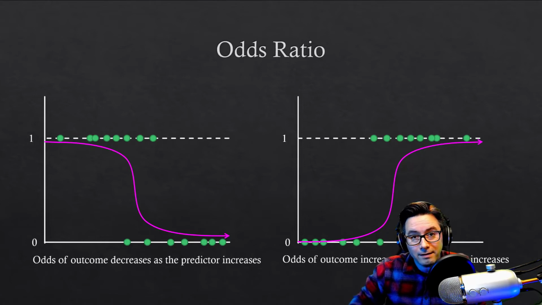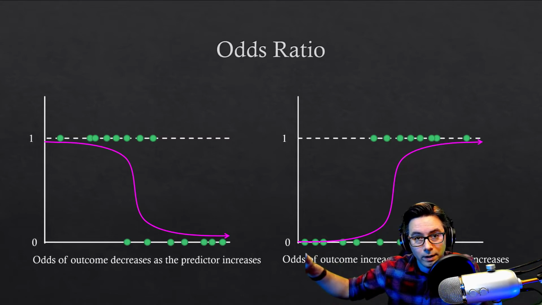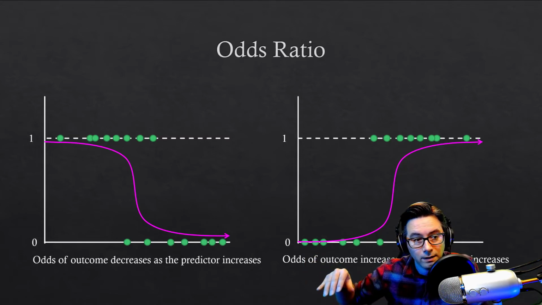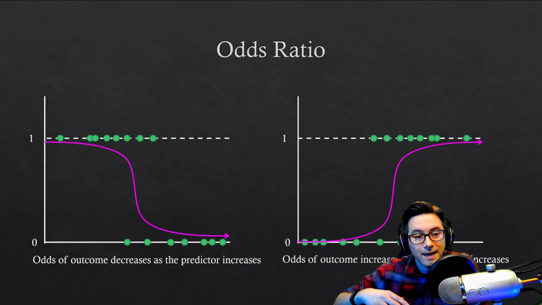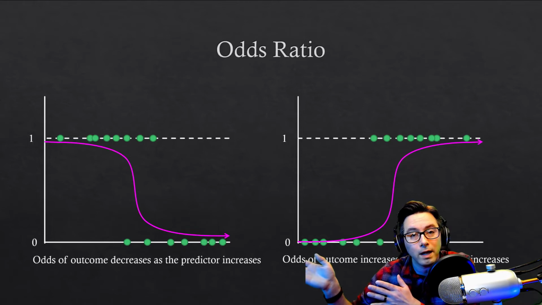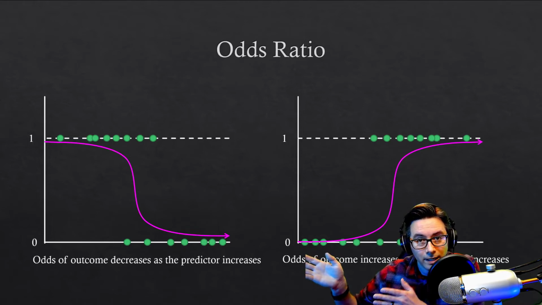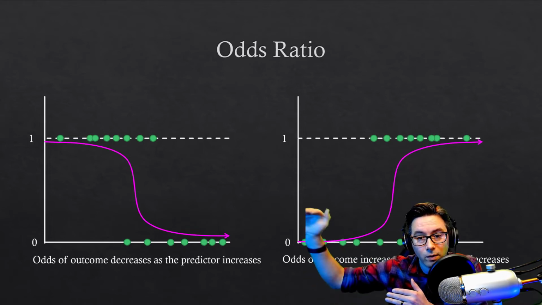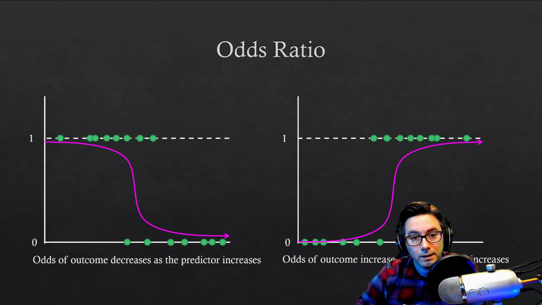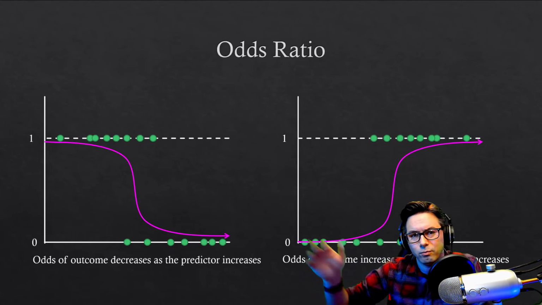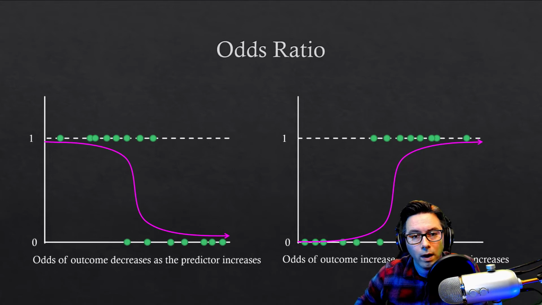So notice as the values of x increase, there's more dots that keep on going down. So that's where the odds of the outcome decrease. And then the odds of the outcome increase, that's where it becomes more likely as the predictor increases that the response is going to be true, or is whatever we're saying our one is.